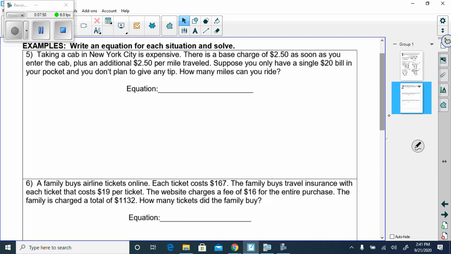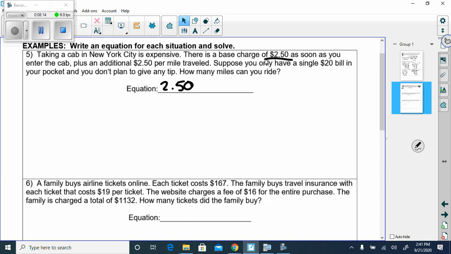Okay, so we've got to come up with an equation that matches this. As long as we follow what they said here, it says that you're paying $2.50 no matter what. So I'm going to go ahead and write that original $2.50 for entering the cab down.